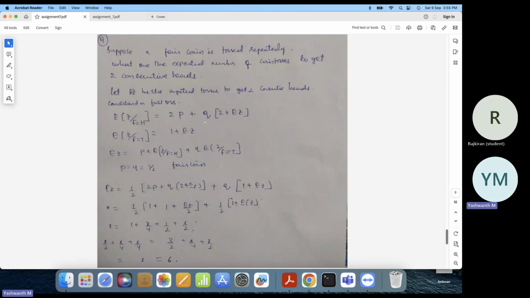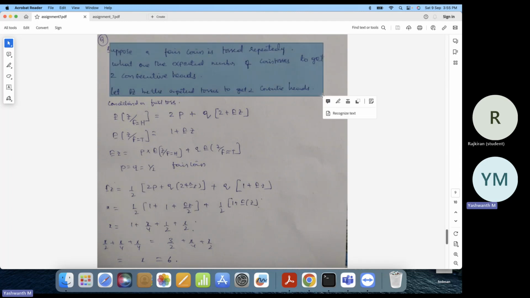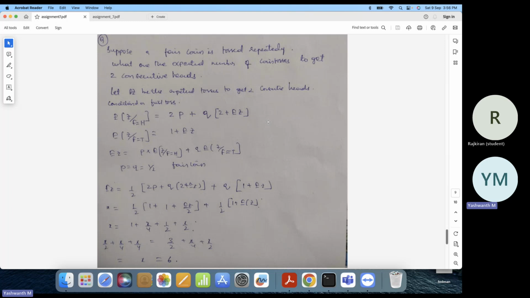Okay, so you are tossing a fair coin repeatedly, and you stop this game only when you see two consecutive heads. You got the question? You keep tossing a coin, and you stop the game when you see two consecutive heads.